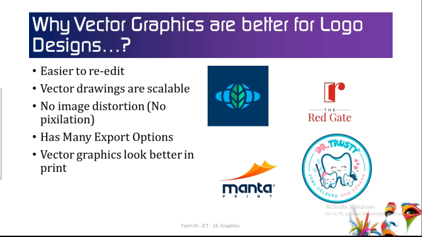Anytime you can decide resizing, enlarging or making it small, relevant to the company document, and no image distortion. We have learned that no pixelation and has many export options. You can save this picture into any format. And vector graphics look better in print. Yes, this gives clearer pictures when printing too.